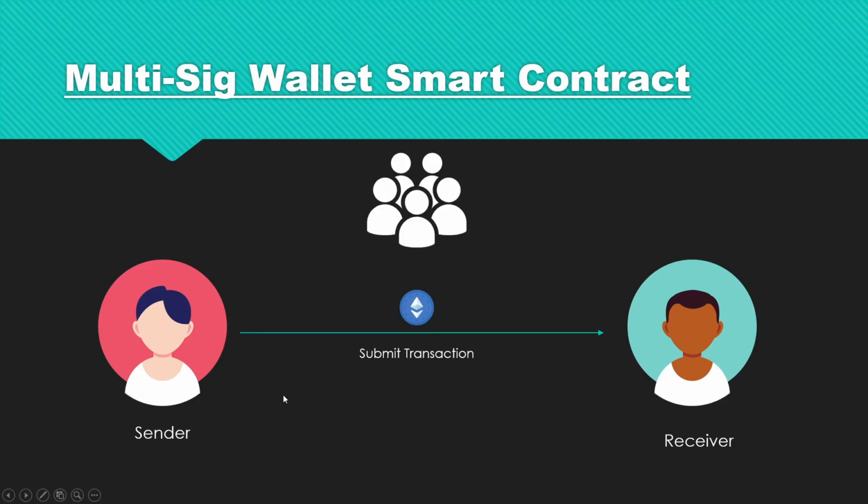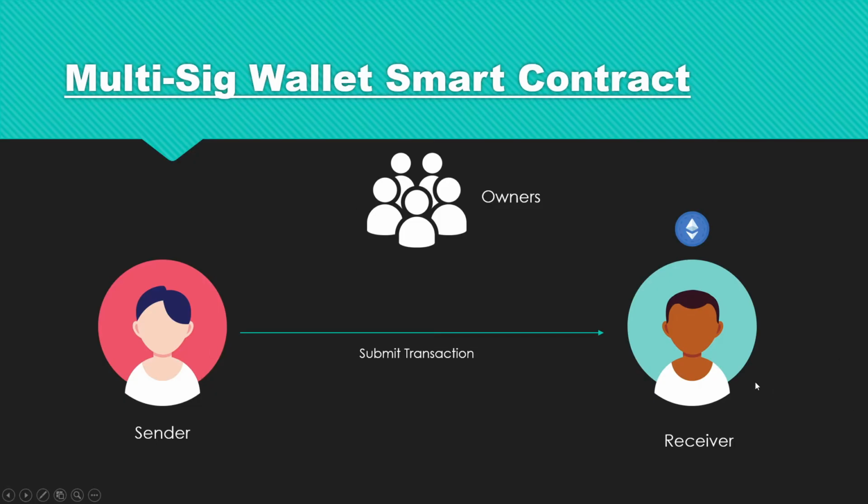This transaction will be submitted to these owners, and these owners will have the authority to either approve or disapprove it. And once these owners confirm this transaction, only then will the ether be transferred from the sender address to the receiver address.